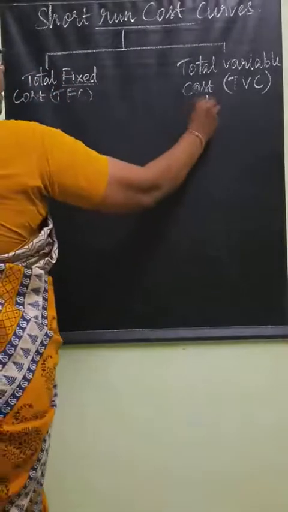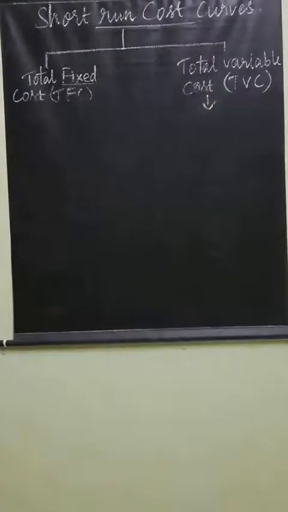Now let us see the total variable cost. As I said, it varies with the variation in the output. If the output increased, the total variable cost also increased. If the output decreased, the variable cost also decreased. So based on the output, the variable cost differs, we studied, isn't it?